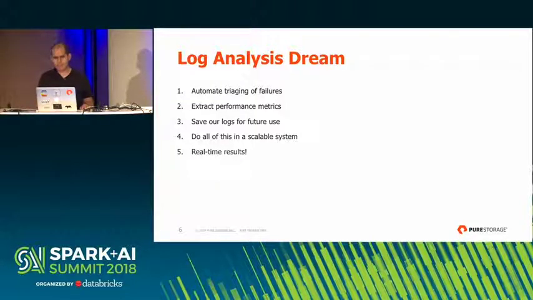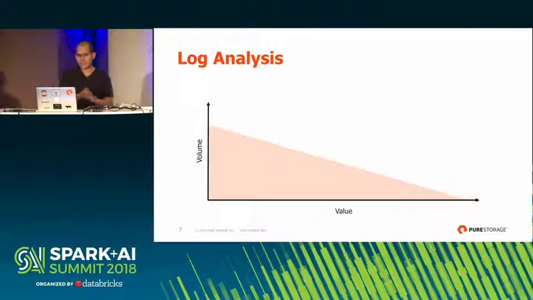So let's take a step back. Let's take a look at log analysis, right? This is your logs, this orange triangle here. You have data all the way on the left that is really high volume and, more likely than not, is log spam. Some developer wrote it because they thought, oh, this would be good to have, but they're never really going to use it. And all the way on the right, you have these patterns and errors, say, as an example, that you really want to take action on.